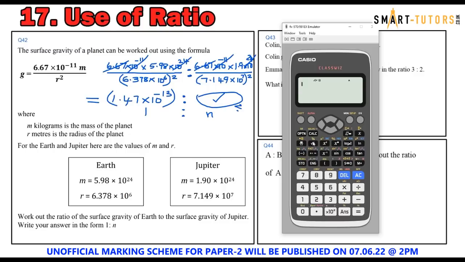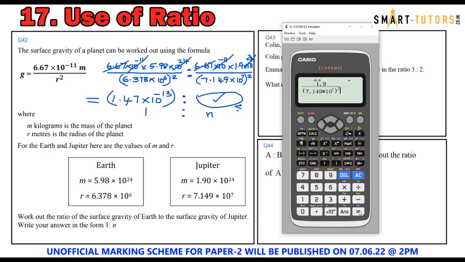Please carefully observe how I'm doing this. On the right hand side calculation, I'm going to use 1.9 and arrow, bracket start, 7.149 times 10 to the power 7, then bracket close and squared.